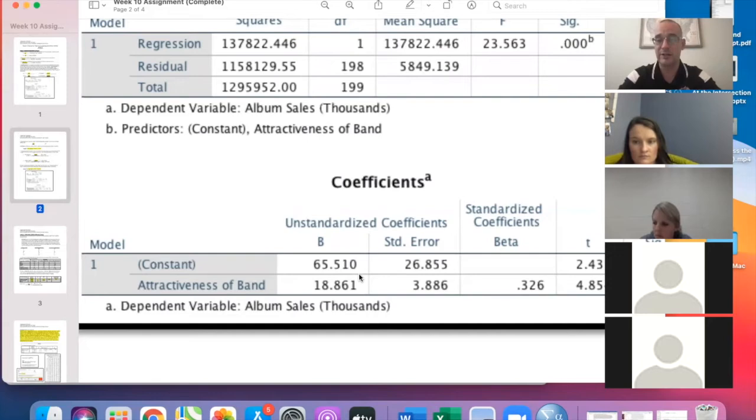What is that? The 18.861. Yep, 18.861x. So for every change in attractiveness of the band from 1, 2, 3, 4, there is 18.861. Multiply that by x.